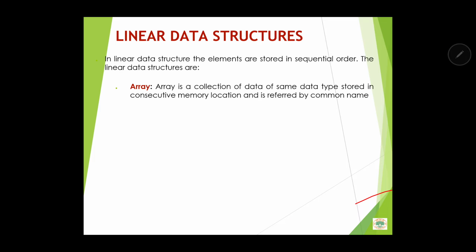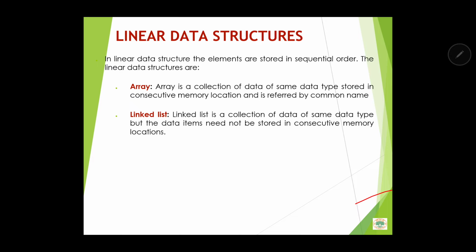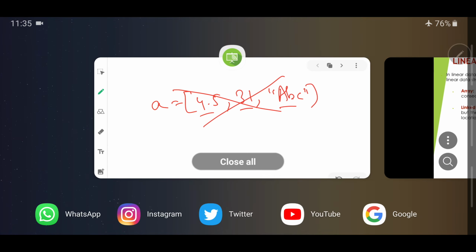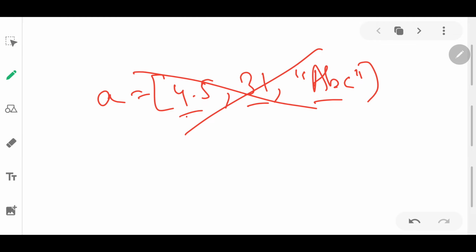Next, we'll go to linked list. What is a linked list? A linked list is a collection of data of the same data type, but the data items need not be stored in consecutive memory locations. So in case of an array, what happens? The data items are stored in consecutive memory locations.